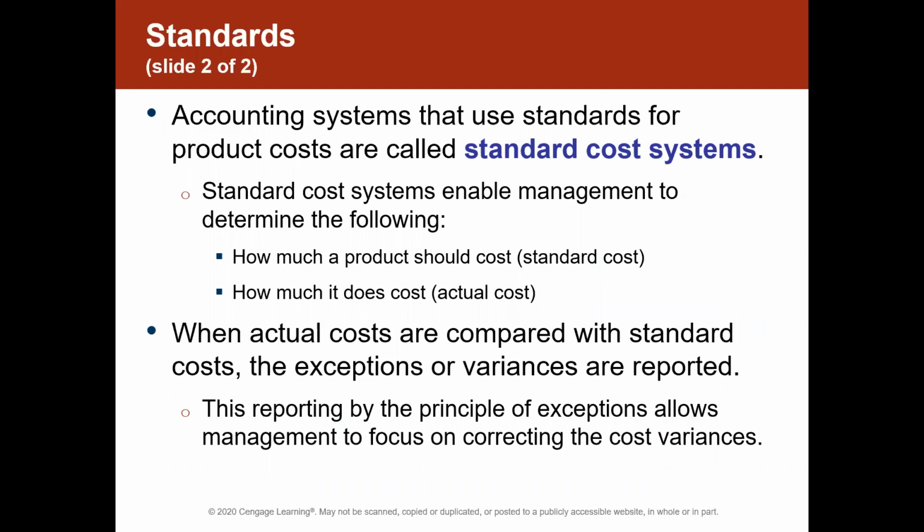So many accounting systems, in particular for manufacturing companies, are set up with the standards built in. And so the concept of standard costing means that we apply those standards, and then at the end of the period, we compare our actual costs to what our accounting records show. We identify those variances.